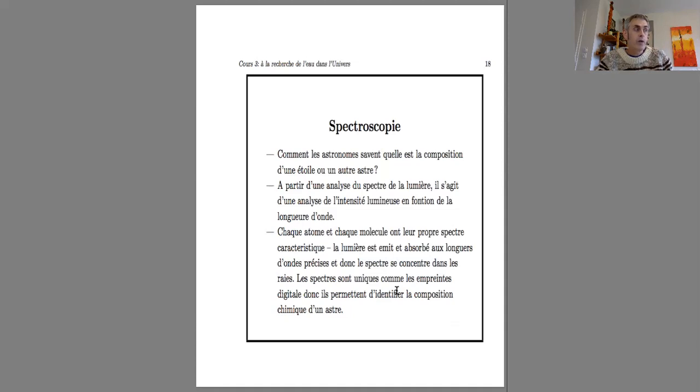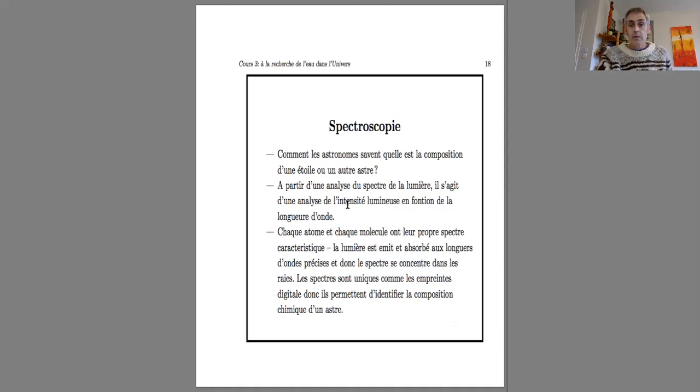Well, we have to back up a little bit and talk about spectroscopy. And this will allow us to talk about how the astronomers tell the composition of anything they're looking at. They use spectroscopy to tell the composition of stars or galaxies or nebula or whatever they're studying.